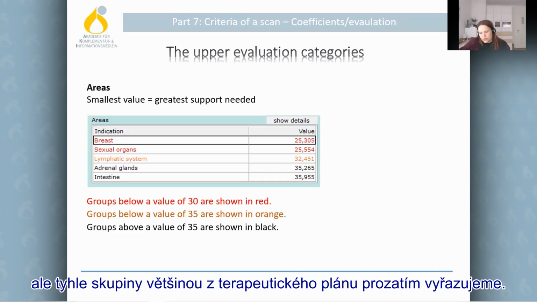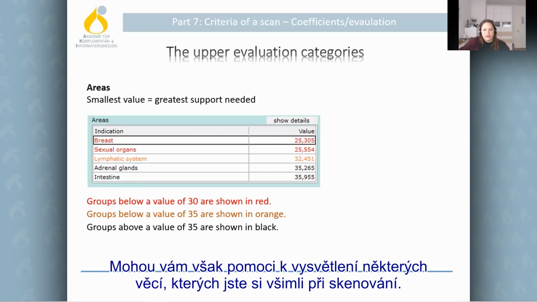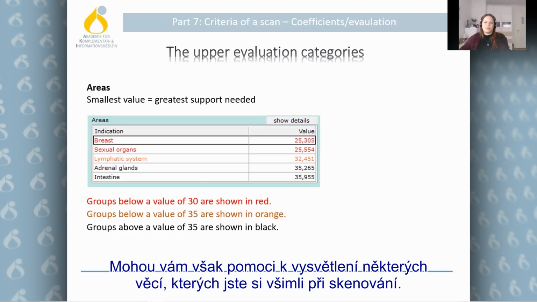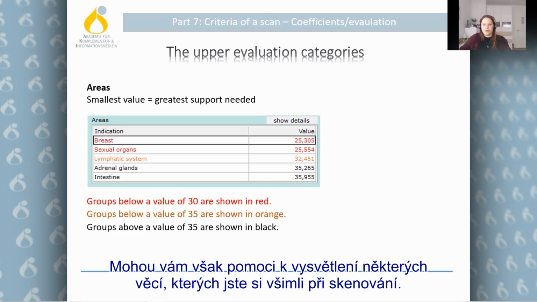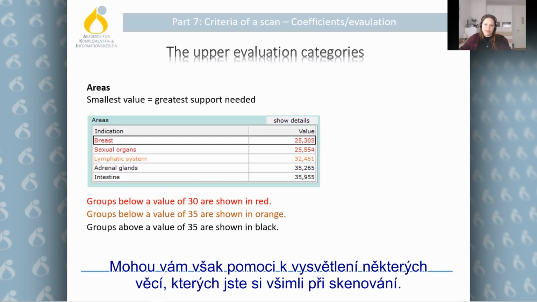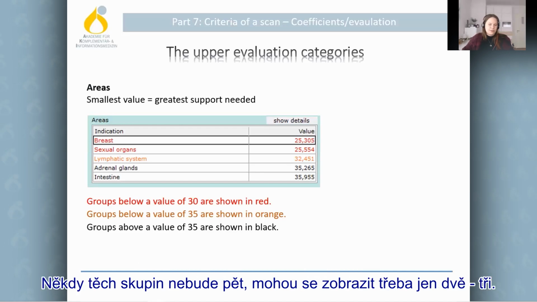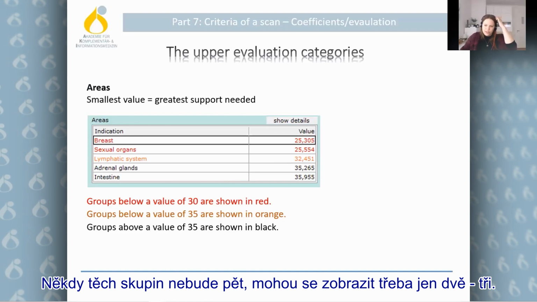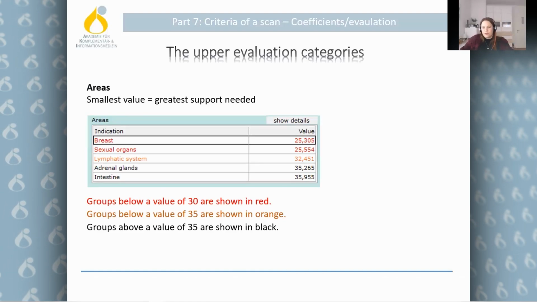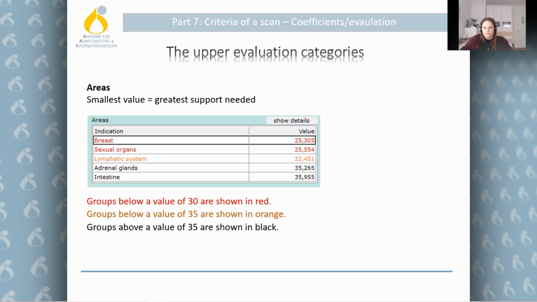However, these groups are usually dropped from the creation of a treatment plan for the time being. So you can use them for an explanation for the whole picture of the scan, but normally you don't use them in the first instance for the treatment. And all groups with a value above 70 are no longer displayed as they have no relevance for the time being. So sometimes you don't have 5 groups listed, sometimes just 2 or 3, when the other groups would be above 70.